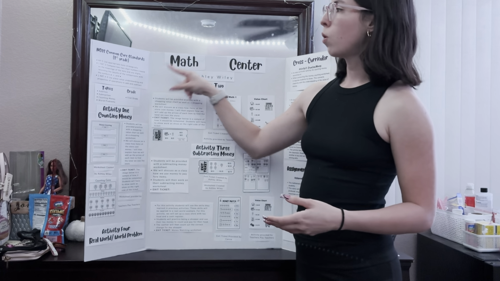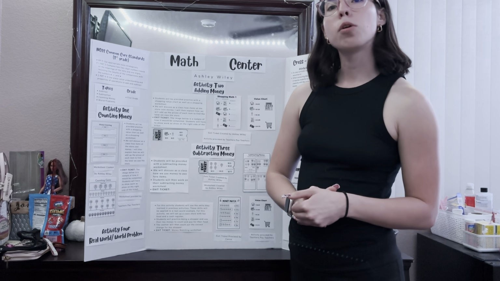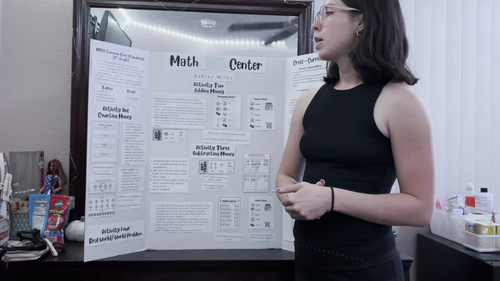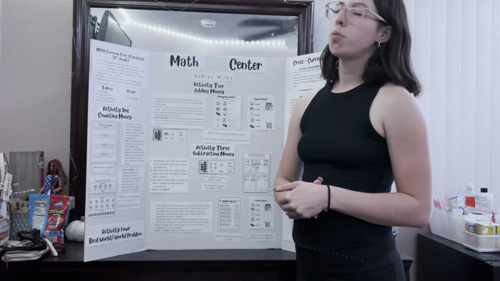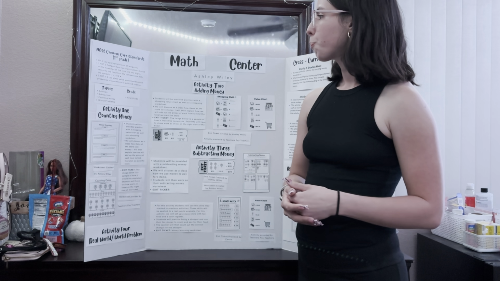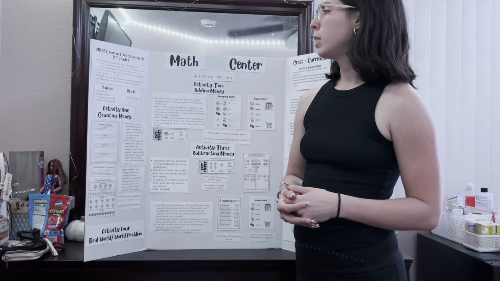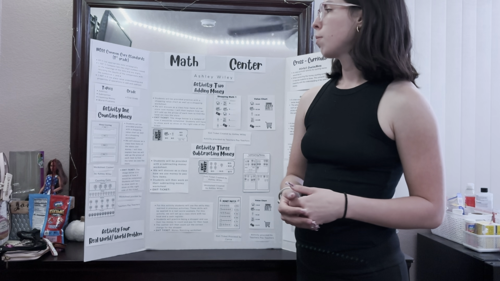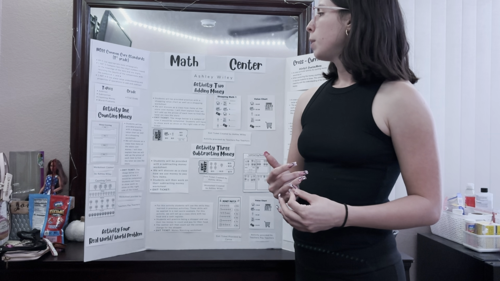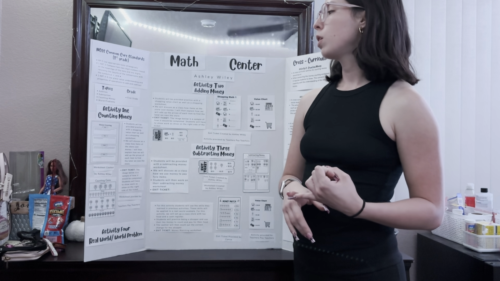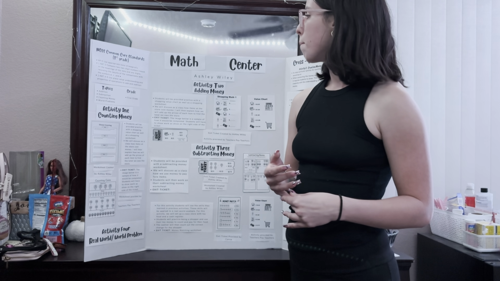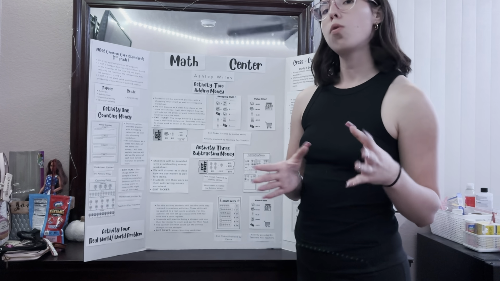So starting in the corner, we will talk about our NGS Common Core standards for first grade. The first standard is MP.5, which is using appropriate tools and strategies, or using it strategically. 1.NBT.3 is the next one, which is comparing two-digit numbers based off of the meanings of the 10s and 1s digits and recording your results with the symbol greater than, less than, or equal.